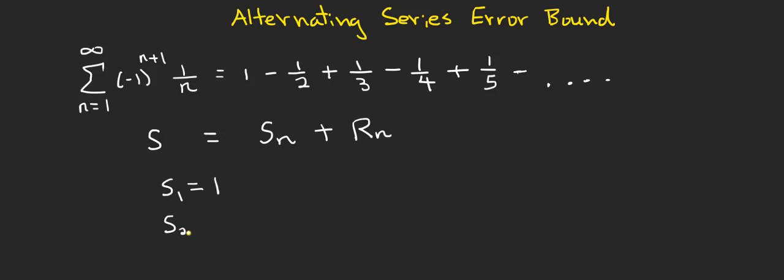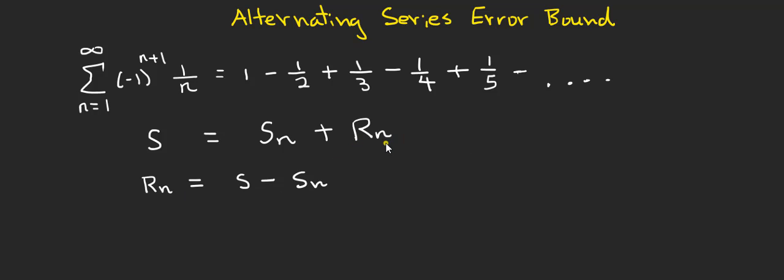And S of 2 is the sum of 1 minus 1 over 2. And S of 3 would be adding the first three terms, so 1 minus 1 over 2 plus 1 over 3. As you can see, as n gets higher, it gets closer to the actual sum and the remainder becomes less.